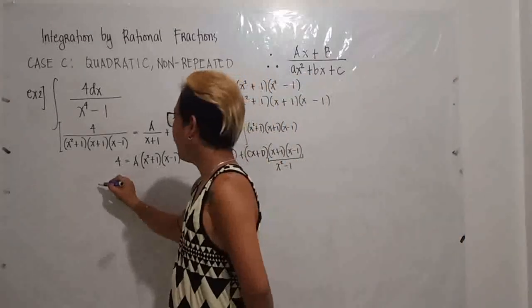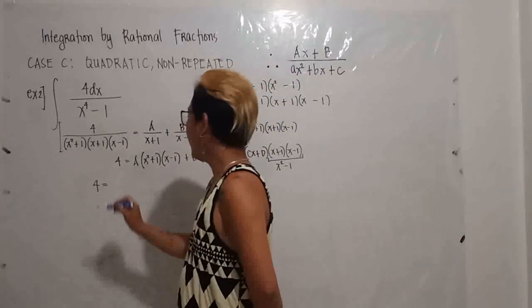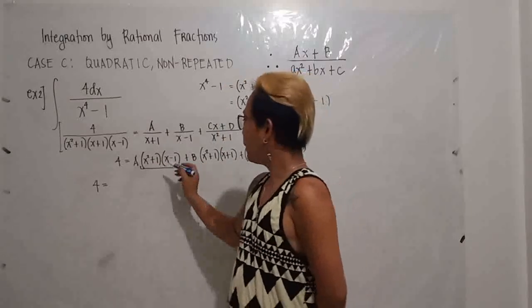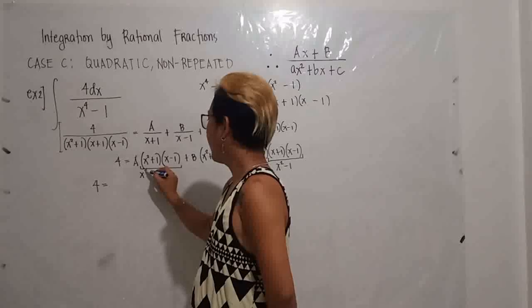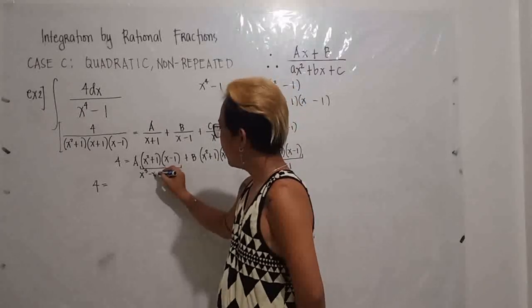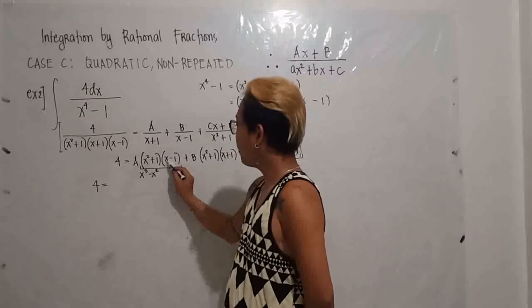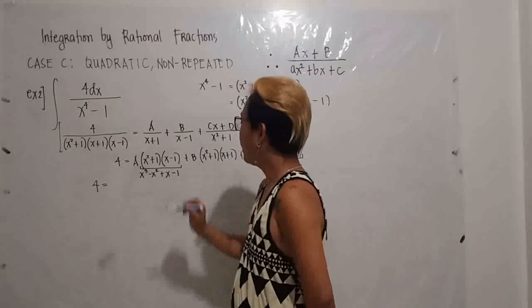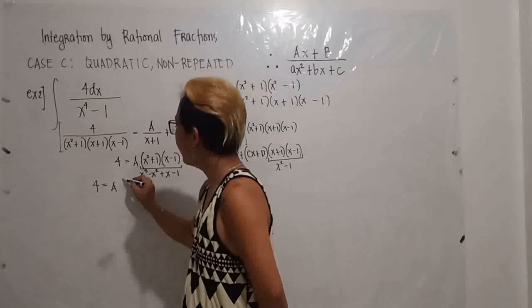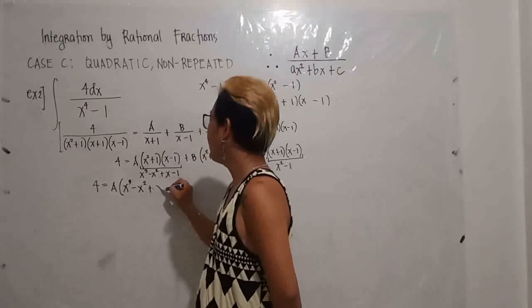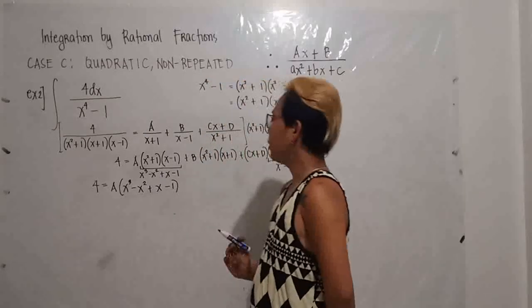You will now have 4 equated to this one. Simplify this. So this will be x cubed minus x squared plus x minus 1. So the multiplier of A is x cubed minus x squared plus x minus 1.